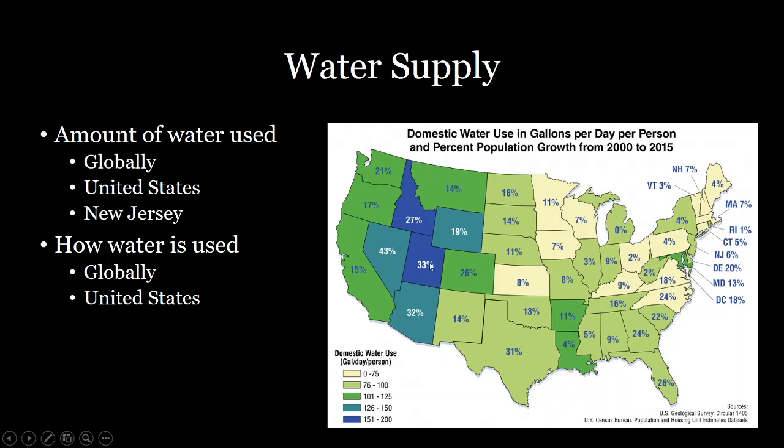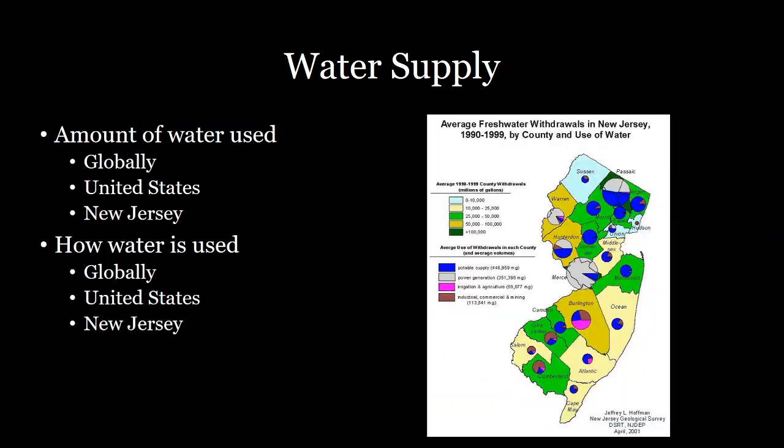So the amount of water definitely varies depending on how much agriculture there is and the climate that's there. So you can see that it really varies how much water is needed per person for each state.